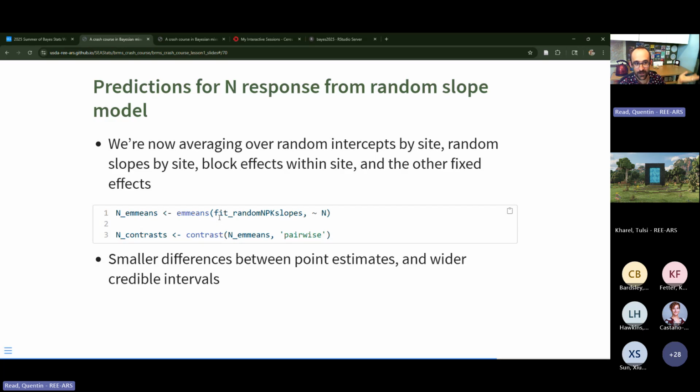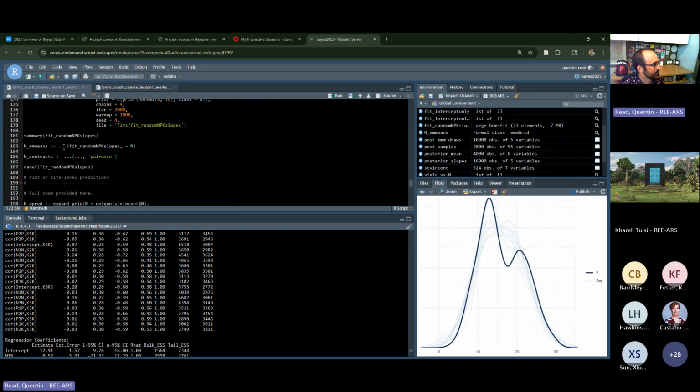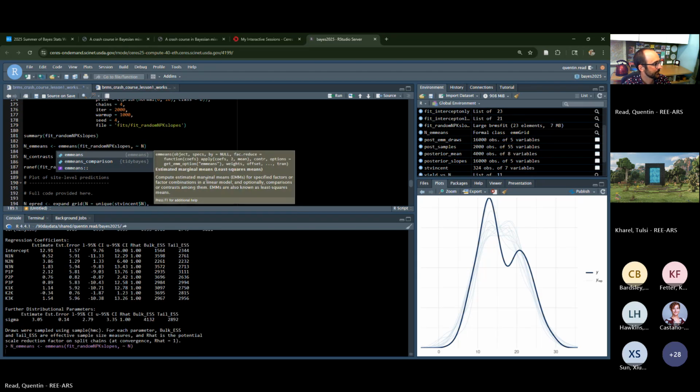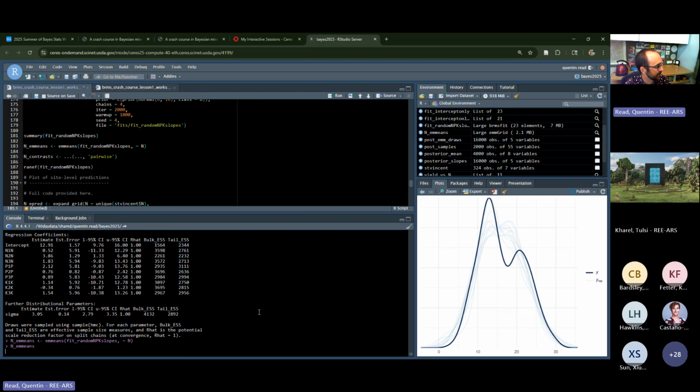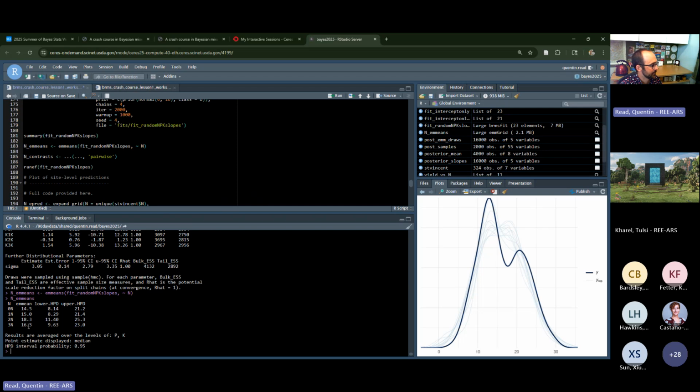What do we say about the difference between nitrogen levels? We'll use the emmeans function. And run that. Now if I type n_emmeans in my console and hit enter, you can see the estimated marginal means are somewhat similar to what they were before. However, the credible intervals are a lot wider because we have incorporated more different sources of variation.